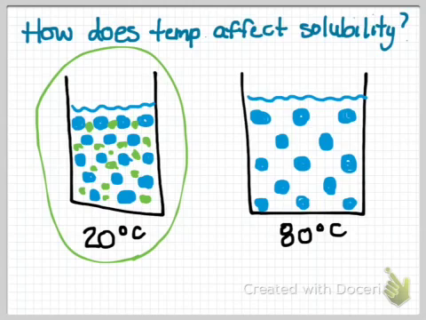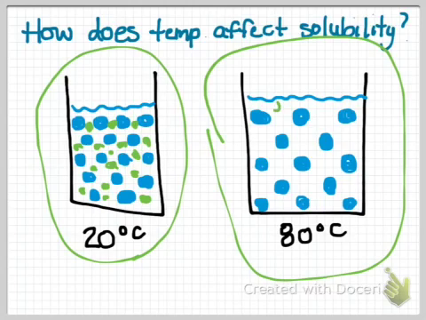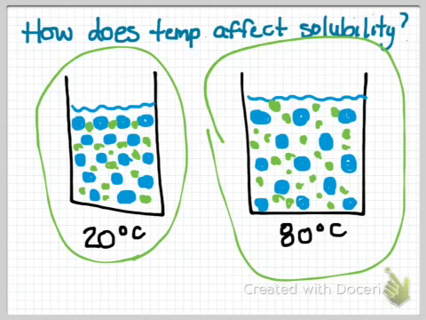So we could fit that many particles in that water. At 80 degrees, on the other hand, we can fit more particles in those spaces. The size of the particles should technically be the same as at room temperature, but the amount is a lot more. I can fill these spaces with a lot of particles.